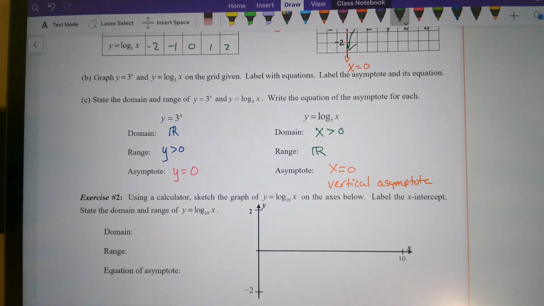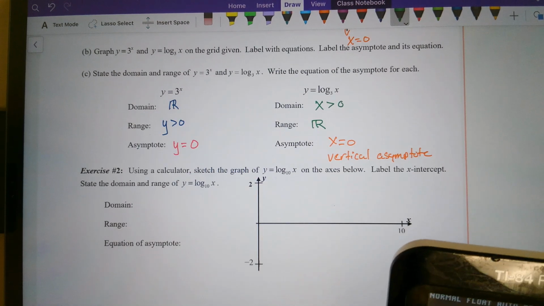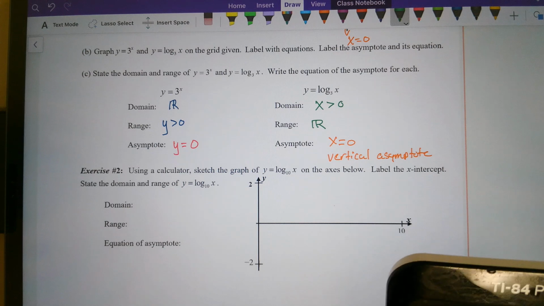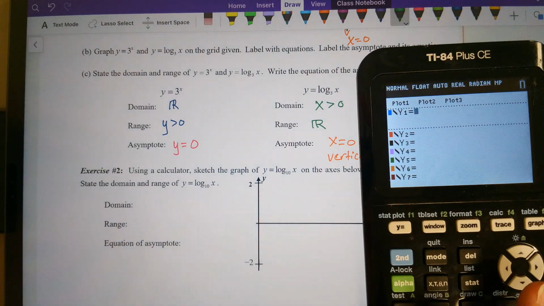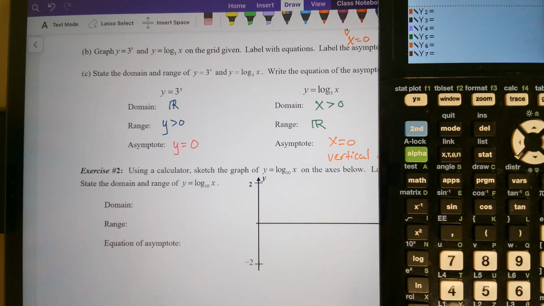Using a calculator, sketch the graph of y equals log base 10 of x. On the axis below, label the x-intercept and just state the domain and range as well. Okay, so y equals, we don't need the base 10, right? That's a common log. So we just press, in y equals, press log x.